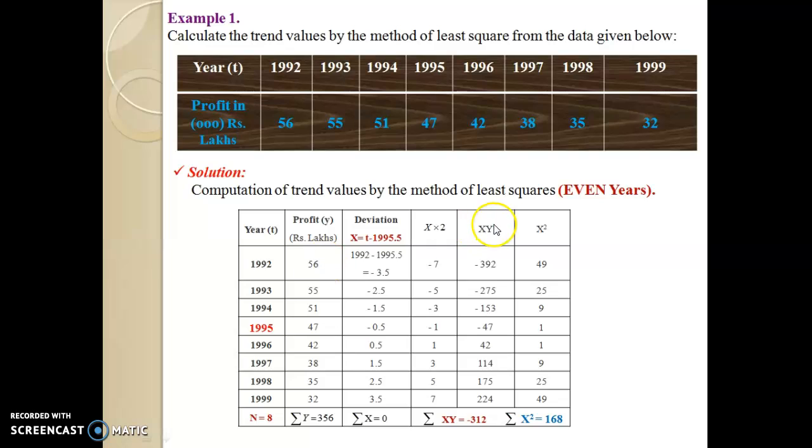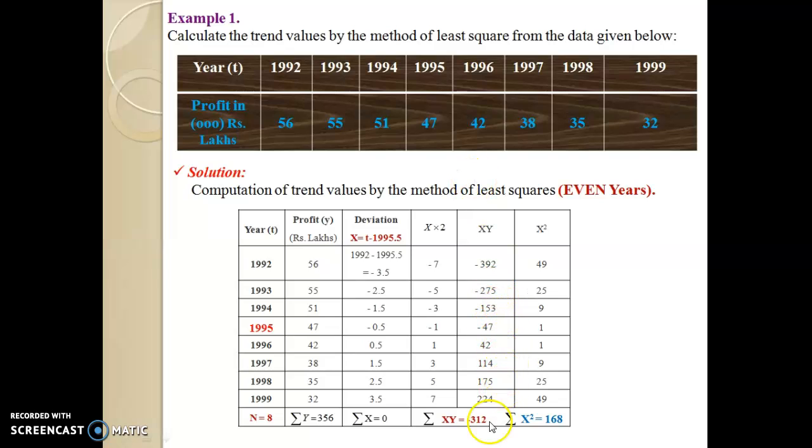This is the profit. 56 multiplied by minus 7 becomes minus 392. As per this procedure of the principle of least squares, we can calculate all the values of x and y.